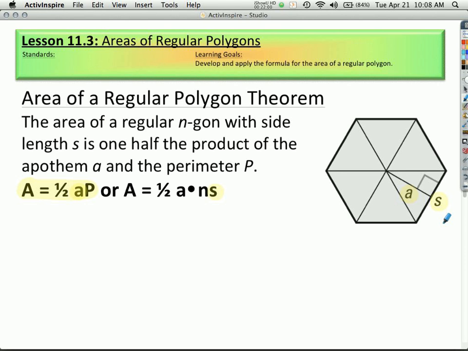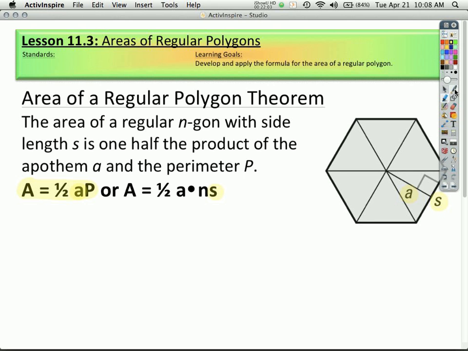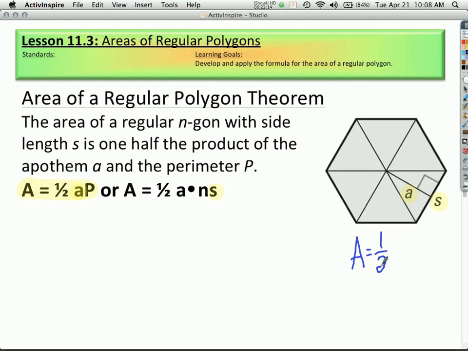And if you think about it, it makes perfect sense. Because if you can see what this shape is now divided into, it's just divided into a bunch of triangles. And the formula for the area of a triangle is 1/2 the base times the height. This is the base. This is the height.